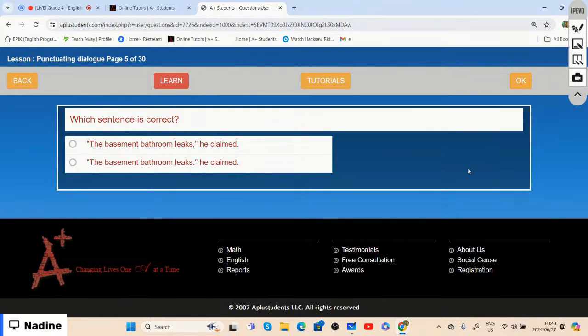So we need to choose the correct sentence, right? By choosing the correct punctuation mark. Do we end with a comma, which is option one, or a period, which is option two?